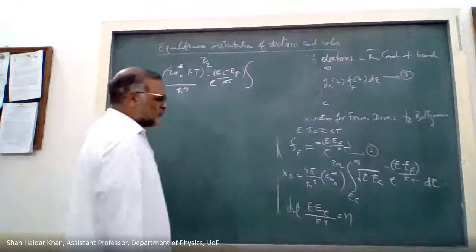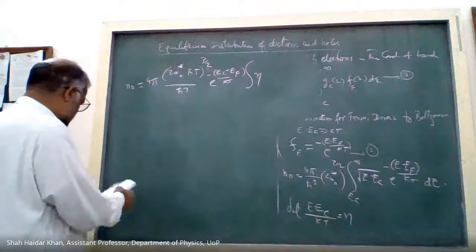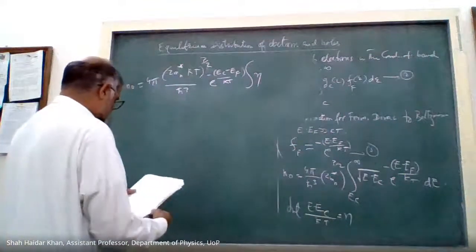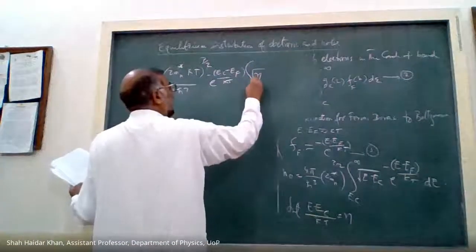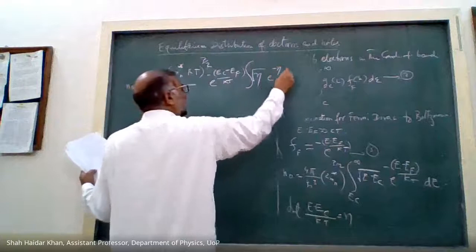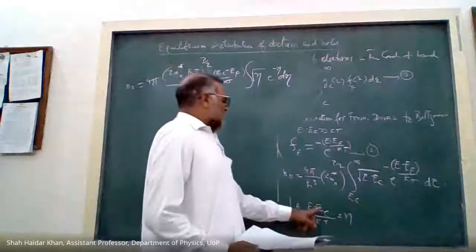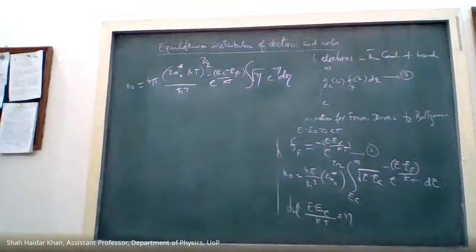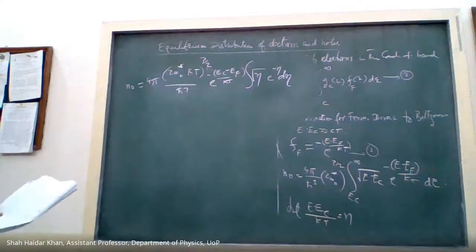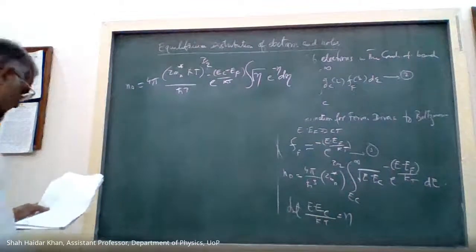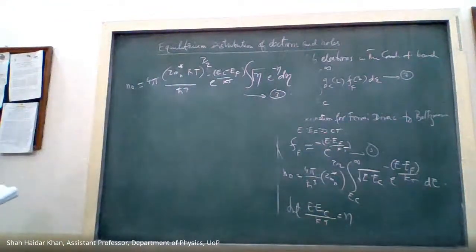So you will get square root of eta, e to the power minus eta, d eta, when you do this substitution. That is equation number 3.